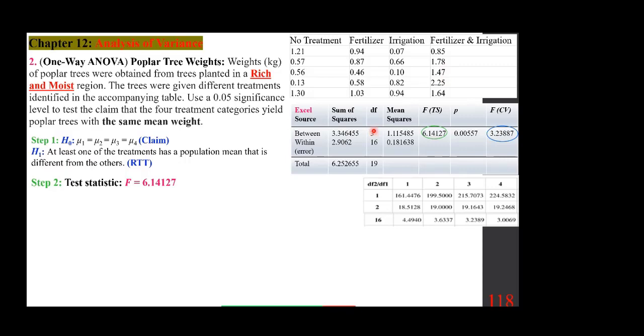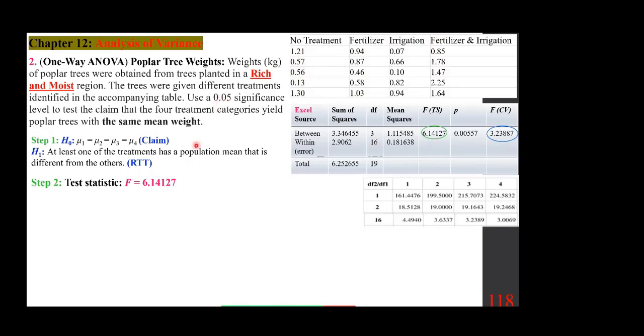And degrees of freedom of the denominator: there are 4 treatments with 5 data each, 4 times 5, you have 20 pieces of data, minus 4 categories. That gives you 16. However you look at it, and alpha is 0.05.